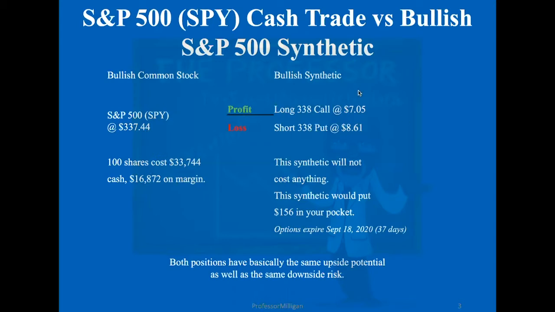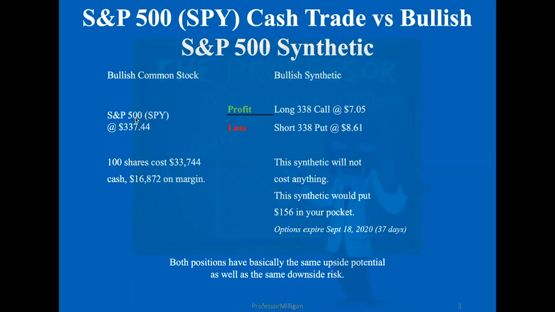Here on the left is a bullish synthetic. I'm marrying a long 338 call, which costs $7.05, and I'm short the 338 put, which costs $8.61. So here's how the synthetic works. If the stock goes up, the SPY goes up, this position will make money on the call.